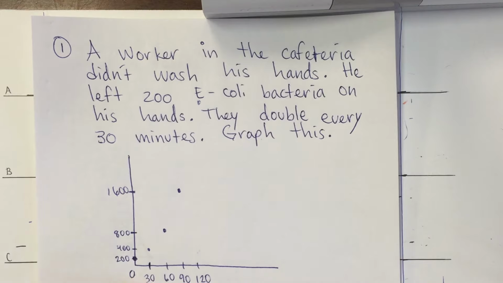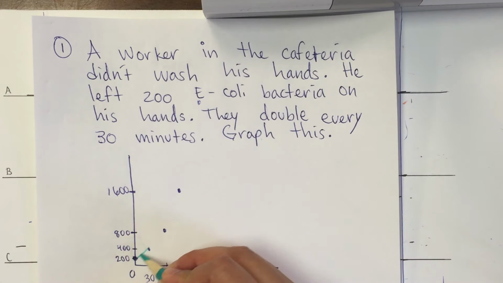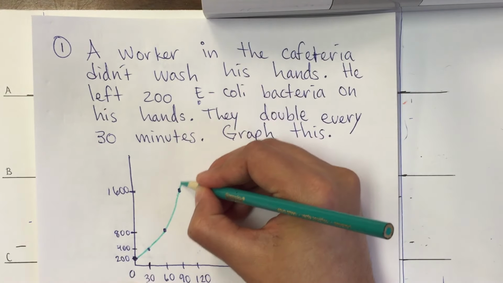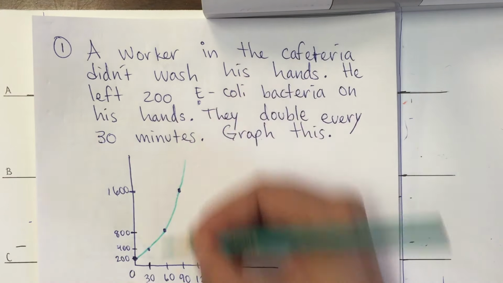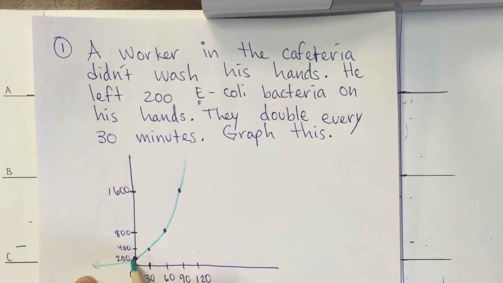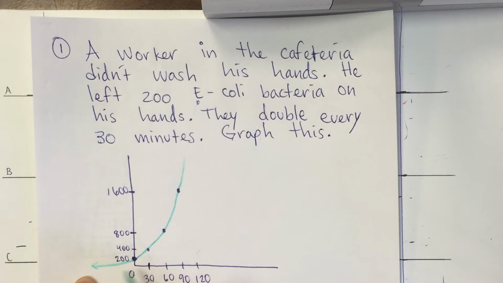Okay, and then I just connect my points. So in here it will go like that. Again, I can just continue, but it will be over my word problem. This E. coli means that also in the past it could have started, right? And it's just going to converge onto 0.